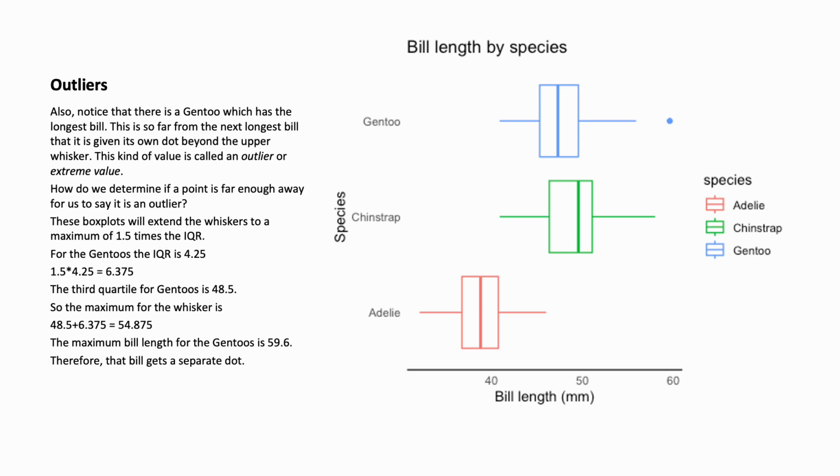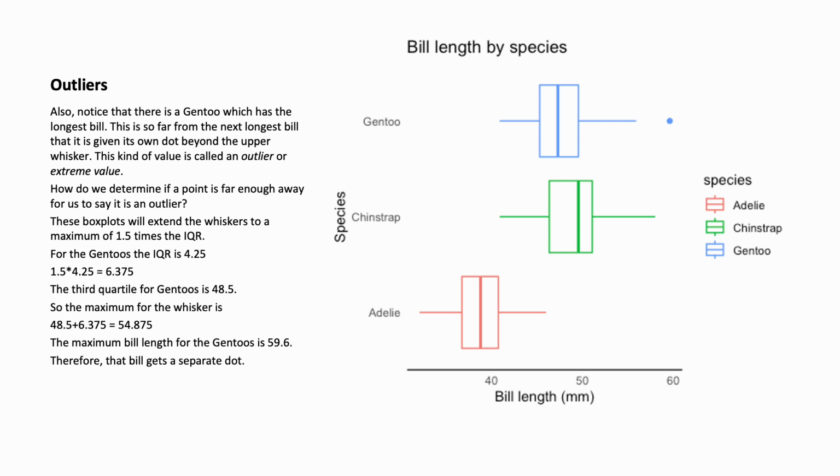So how do we determine that a point is far enough to say it's an outlier? Well, there's different rules that people use, but we'll use Tukey's, and we'll say that the box plots will extend the whiskers to a maximum of 1.5 times the IQR, or interquartile range.